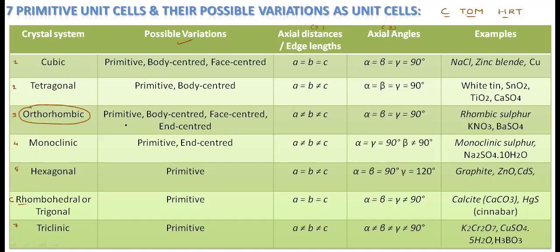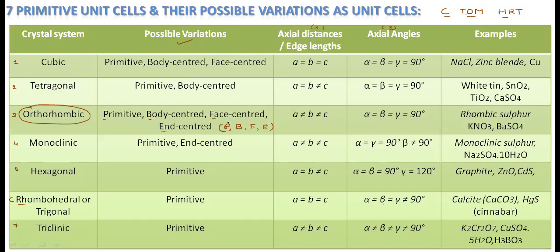Why am I preferring this? Because it shows all the 4 types of unit cell: primitive or simple unit cell, body centered unit cell, face centered unit cell, and end centered unit cell. So all the 4 types of unit cells are shown by the orthorhombic crystal system.